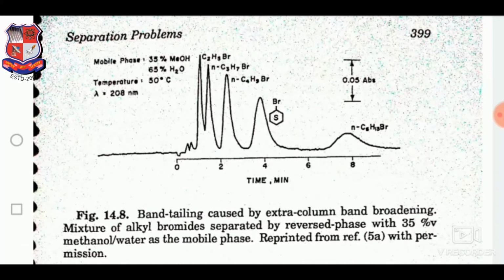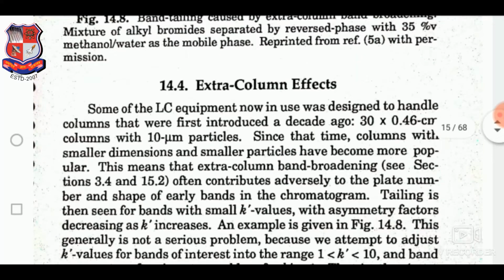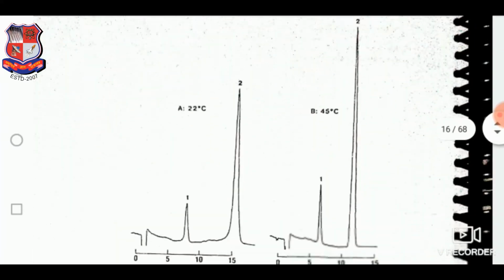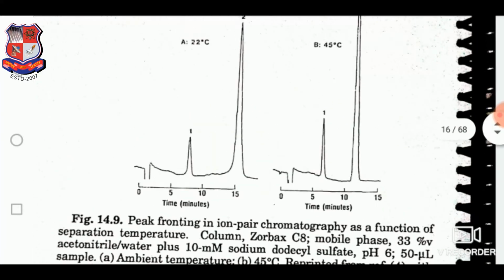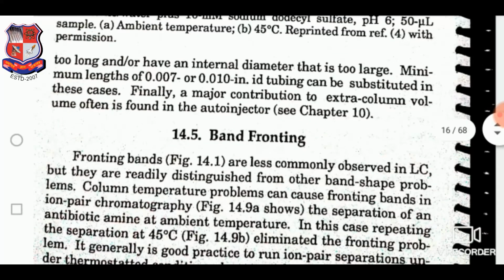This is another chromatogram illustrating band tailing by the extra column band broadening effect. Extra column effect was there. These are the explanations. This is another chromatogram where peak fronting is observed in reverse phase chromatography.